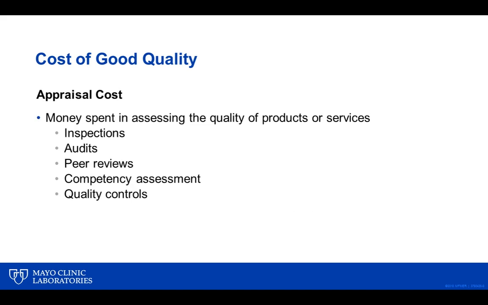The other cost of good quality component is what we call the appraisal cost. So in your preventative cost, you've done the proactive design of your system. So you are engaging QMS. So now I have to supervise. How do I make sure that I'm meeting this or I'm using this SOP the right way? So this is where the appraisal cost comes in. So this is money that you spend in assessing the quality of products or services. So now I have all my programs in place. How do I know it's working?